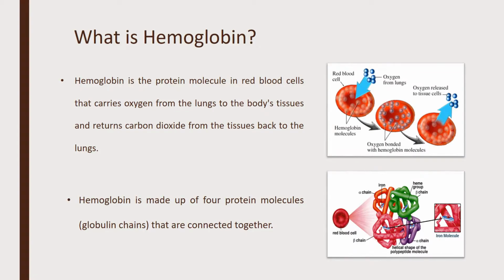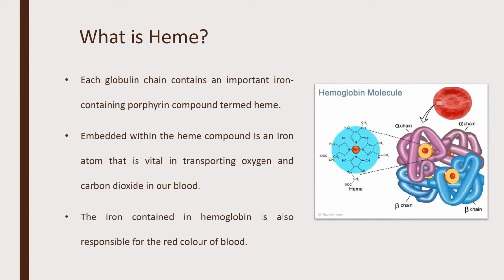Hemoglobin is the protein molecule in red blood cells that carries oxygen from the lungs to the body's tissue and returns carbon dioxide from the tissues back to the lungs. Hemoglobin is made up of 4 protein molecules, known as globulin chains, that are connected together.